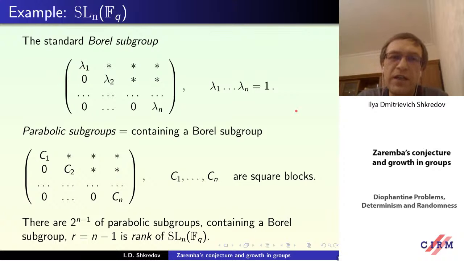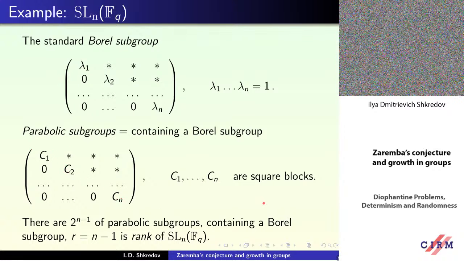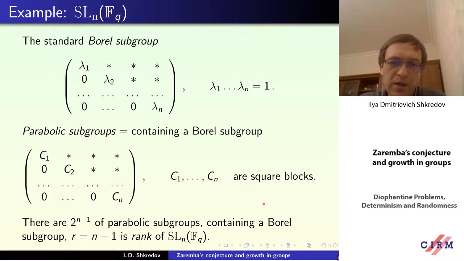In the case of SL_n, this family is very easy to describe. It's just the matrices of the following form, where the blocks are square blocks. Actually, it's the only understandable subfamily of subgroups in Chevalley groups. This n minus 1 is called the rank of SL_n. In any Chevalley group, there is a rank.